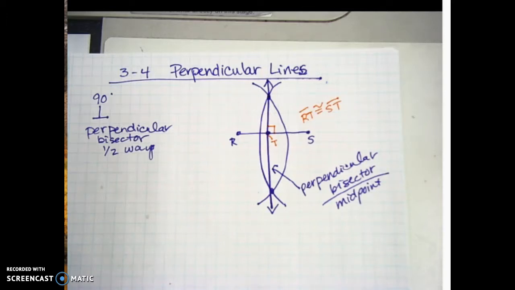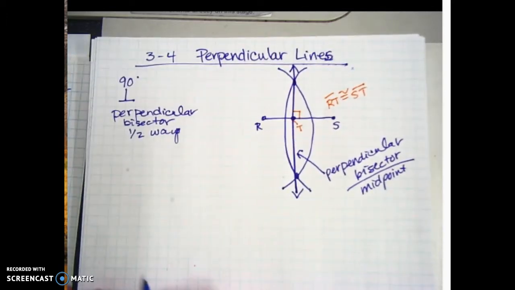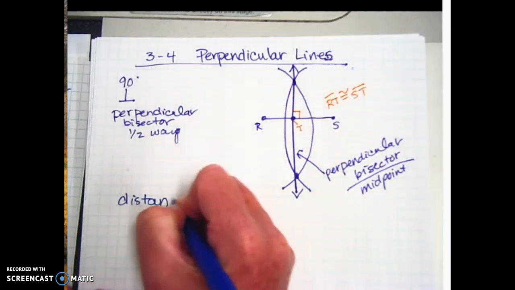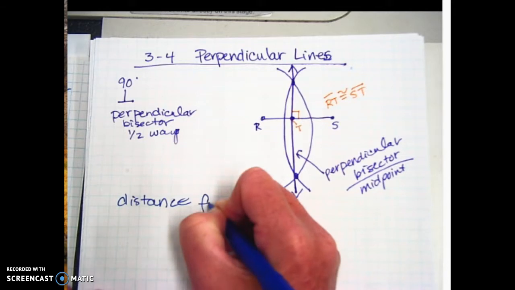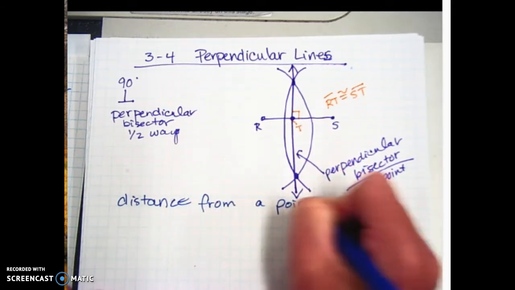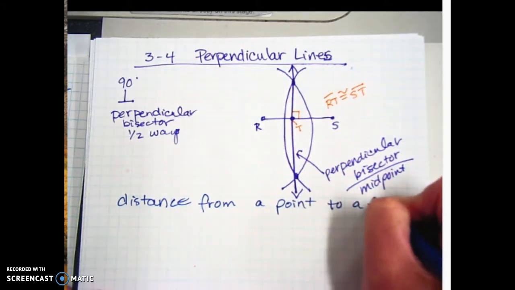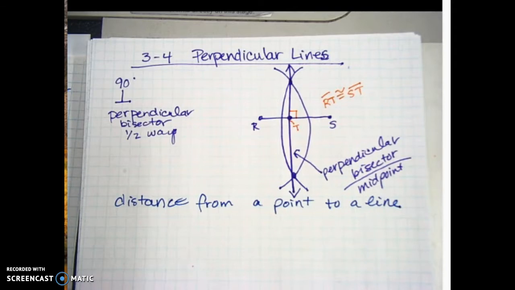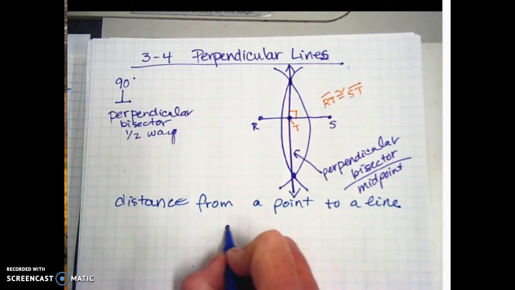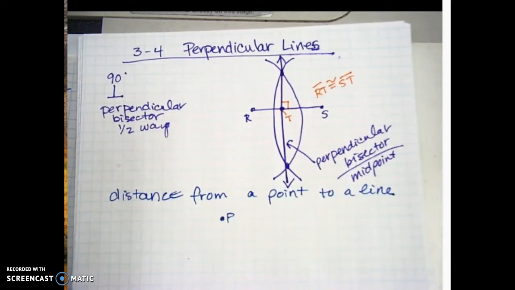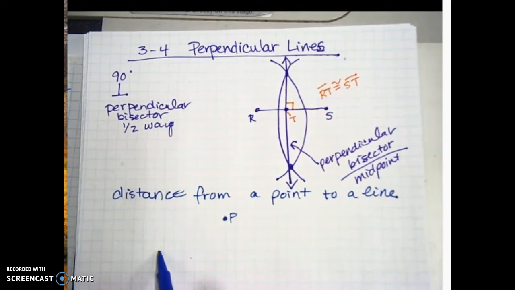So let's talk about what the book calls distance from a point on the line. So we're going to put a point right here. We'll call it point P. And then we're going to draw a line underneath it.